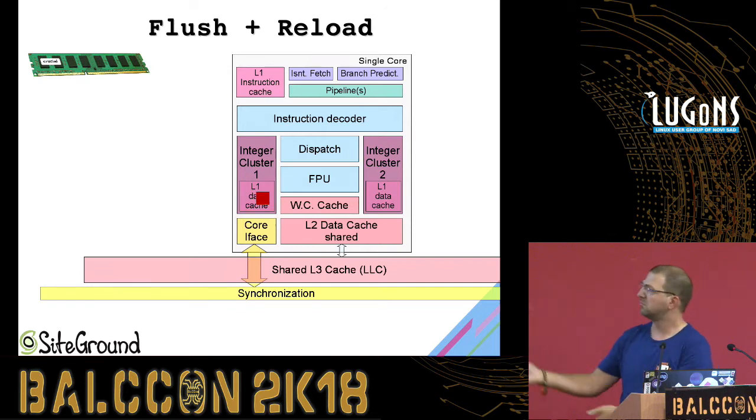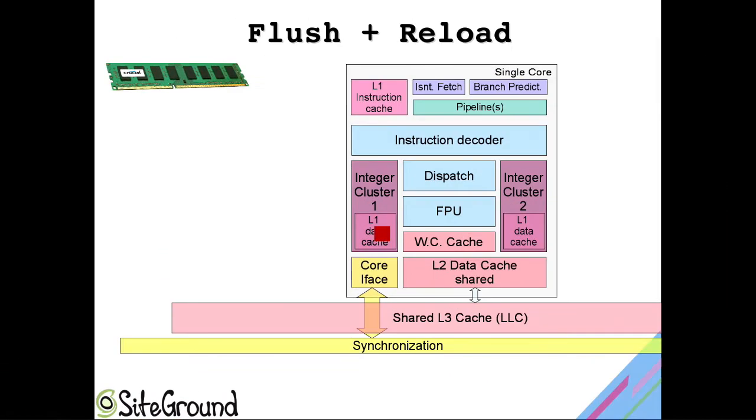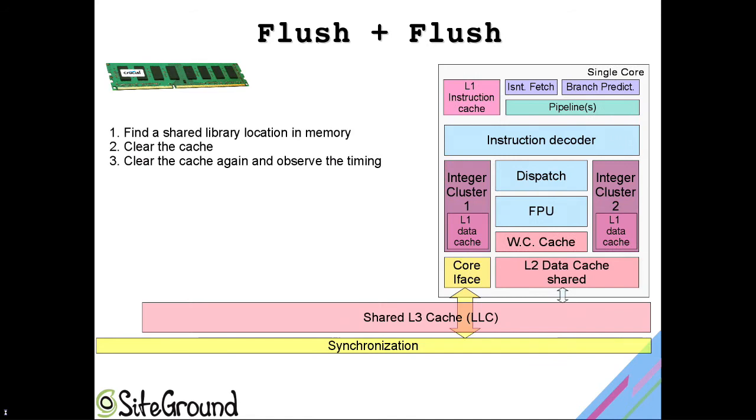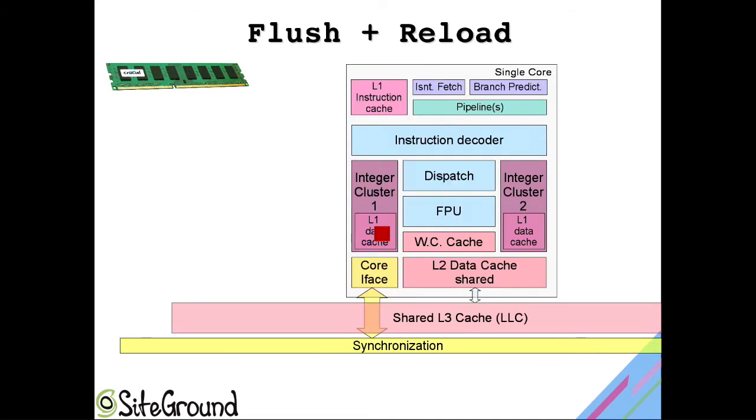So after that, you want to execute this. For example, these are integer instructions, and they go to the integer part of the CPU. And then you can time how much time it took the CPU to actually execute these instructions.